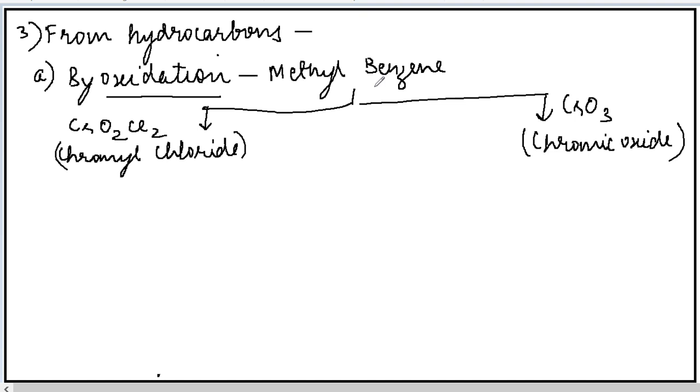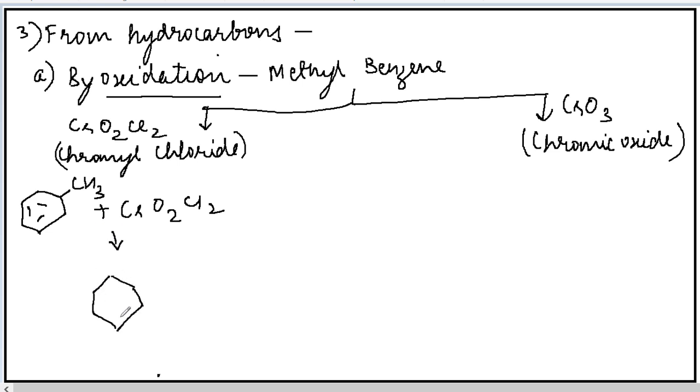So by oxidation of methyl benzene, for example, and this reaction, that is the oxidation reaction of methyl benzene, can be carried out by chromyl chloride as well as by chromic oxide. Just look at this reaction. This is methyl benzene. When this methyl benzene reacts with chromyl chloride, first it results in the formation of a chromium complex. Look at the complex that is formed.